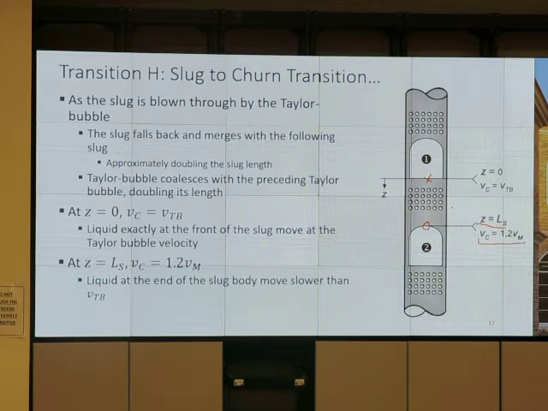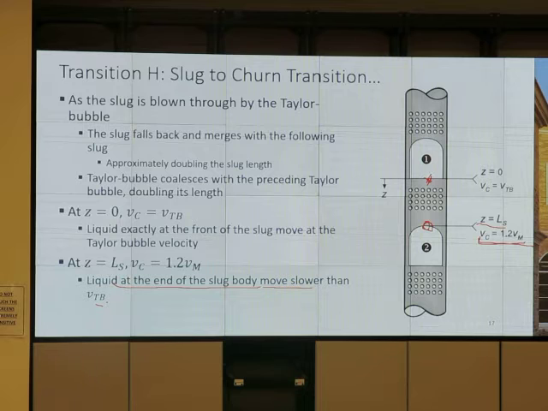But when you look in the lab, in the front it's a little bit faster. The interface moves slower. So right at the back of the bubble is the interface velocity, but inside is the liquid phase velocity. And at that point, I say Vc equal to 1.2 Vm. Liquid at the end of the slug body moves slower than VTB.